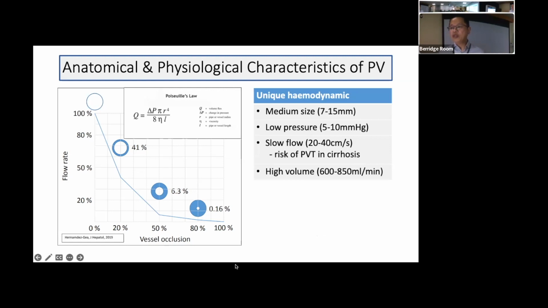For example, a 50% vessel reduction here will reduce the flow down to only 6%. So in our interpretation from the CT, for example, 50 to 60% thrombosis actually has quite a major impact in terms of functional flow and hemodynamics of the portal vein.